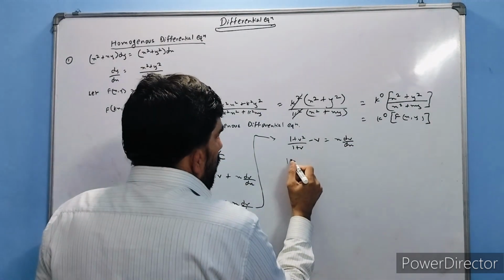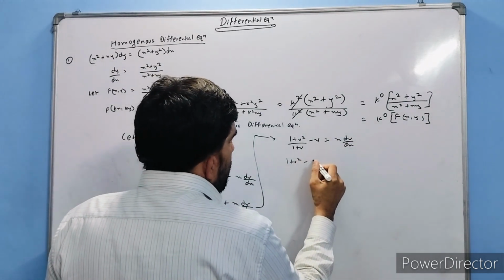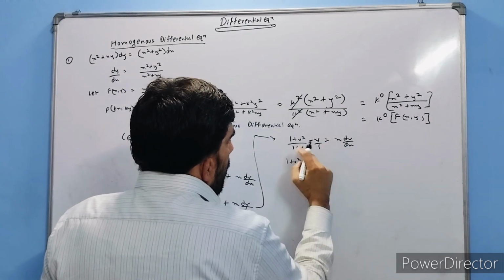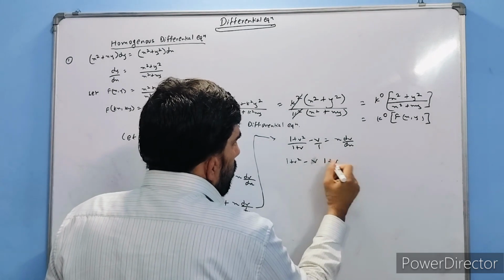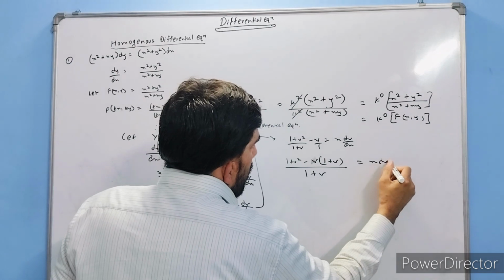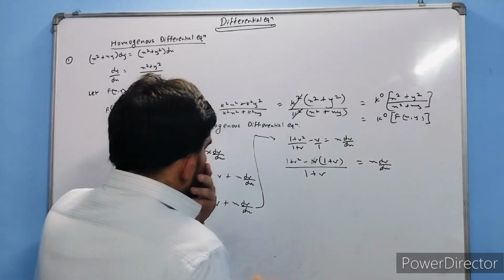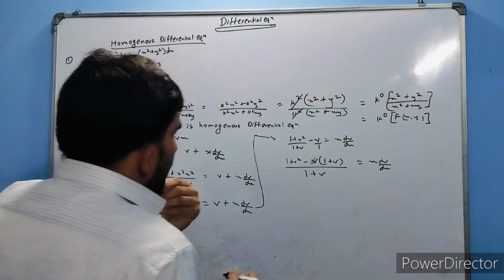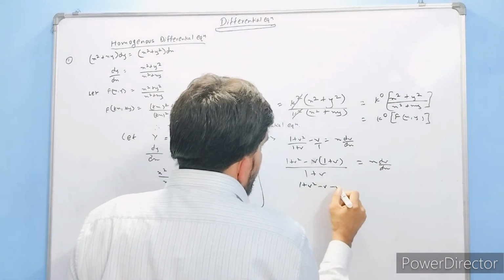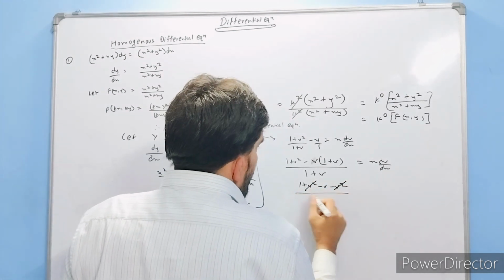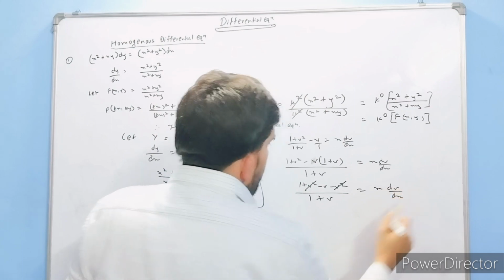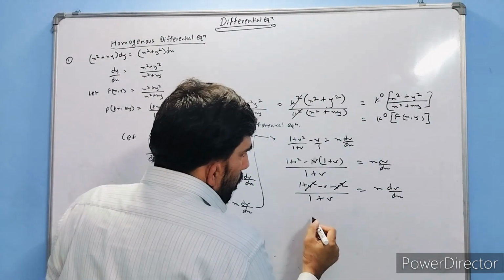Now if I take the LCM, 1 plus v, so we have 1 plus v square minus v square upon 1 plus v is equal to x dv upon dx. Now the next step is what we can do here.